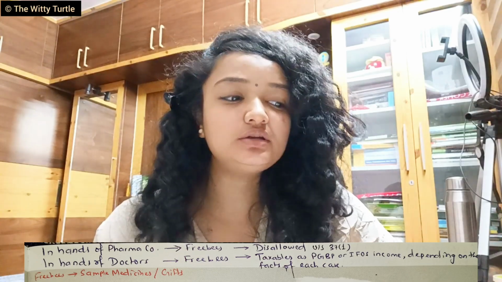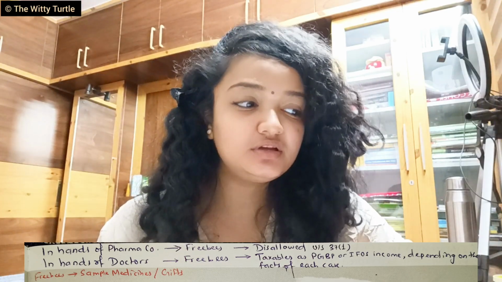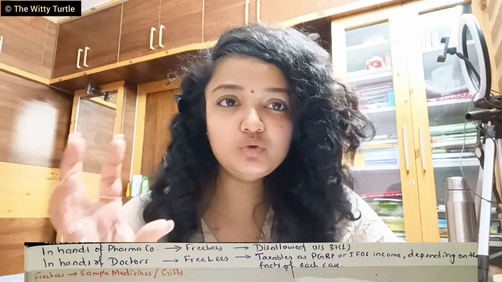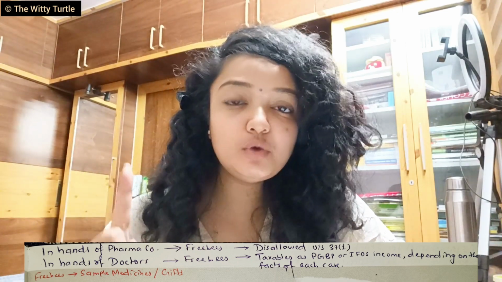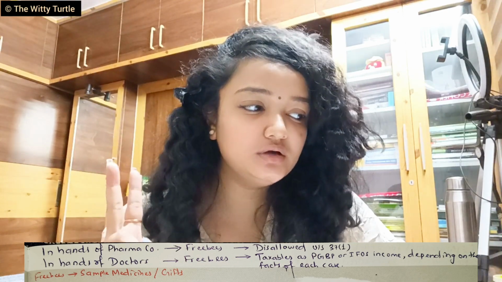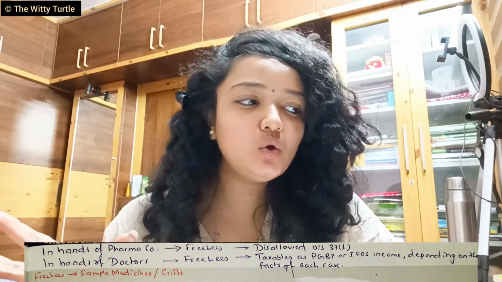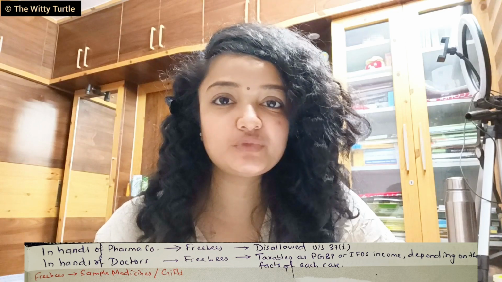So it says that in the hands of the pharmaceutical companies, the freebies are disallowed under section 37, right? And in the hands of the doctor or the medical practitioner, the amount equivalent to all these freebies is taxable as PGBP income or income from other sources, depending on the facts of each case, right?